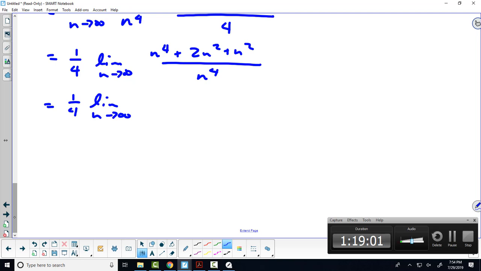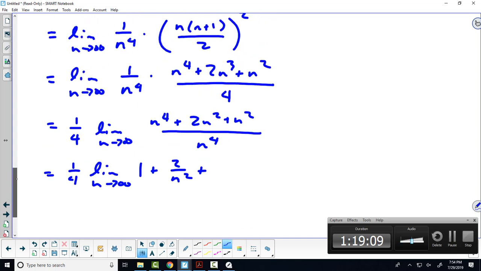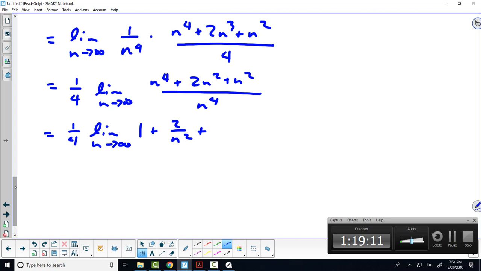Now let's divide n to the fourth into each one of those terms. 1 plus 2 over n, oops, I dropped a cubed here, so that would make this over n. Plus 1 over n squared.